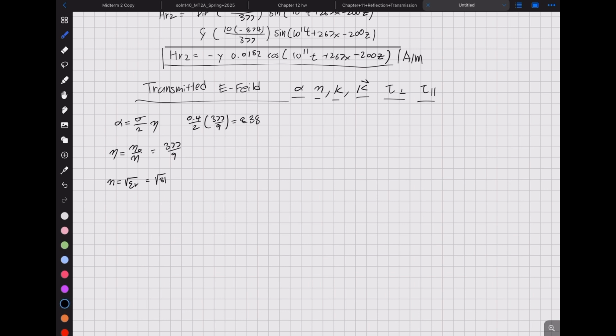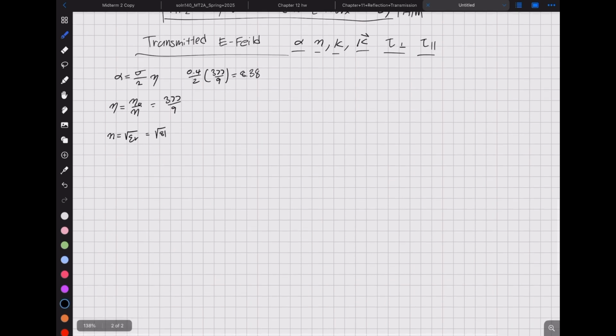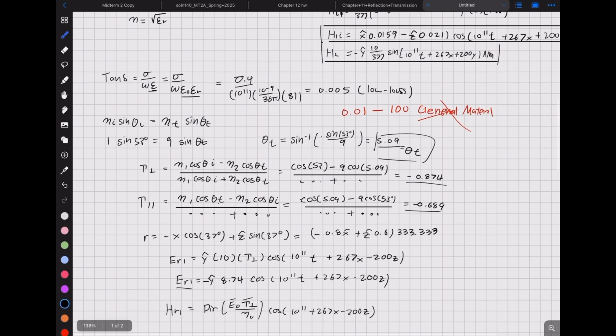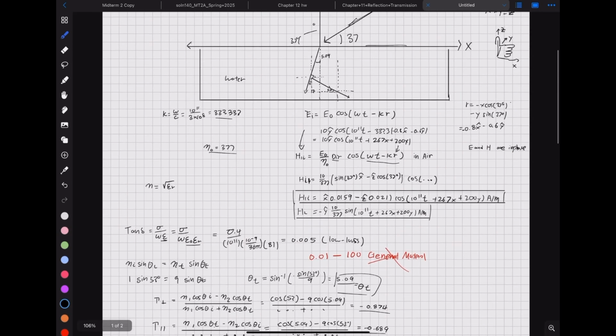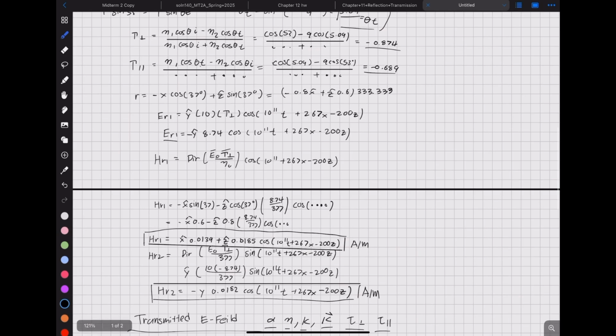Next value we're going to look at is the tau. Tau perpendicular is equal to 1 plus the gamma perpendicular. So that's going to equal 1 minus 0.874 from the gamma that we found earlier.